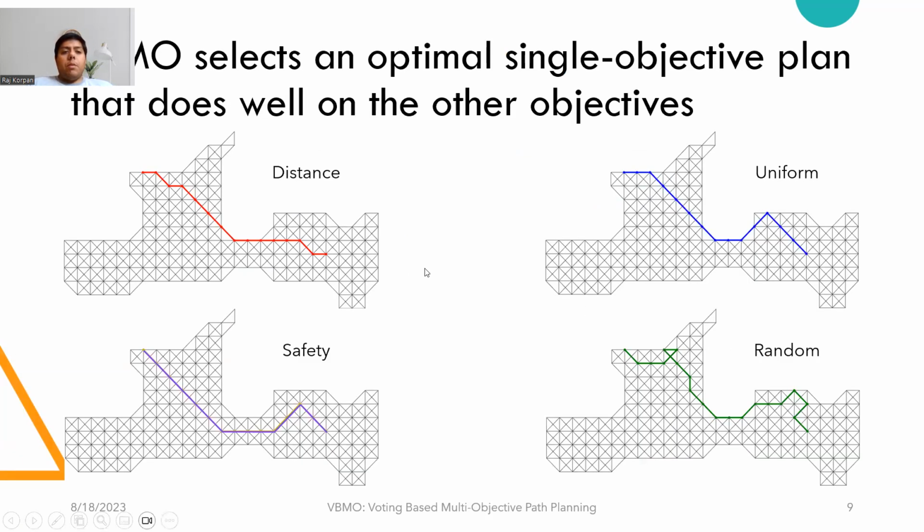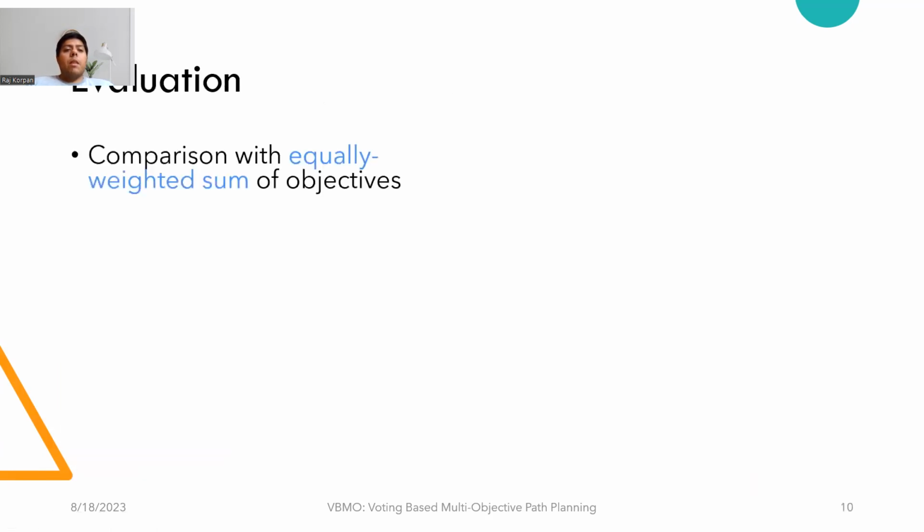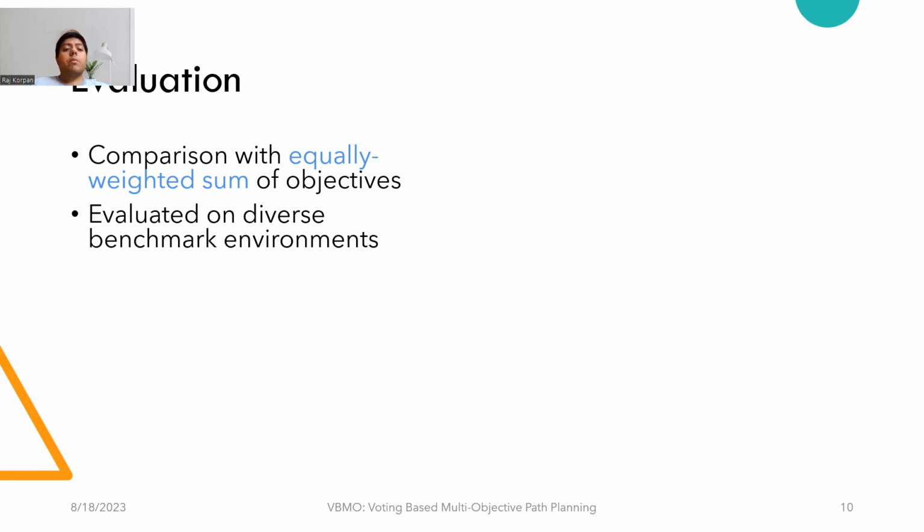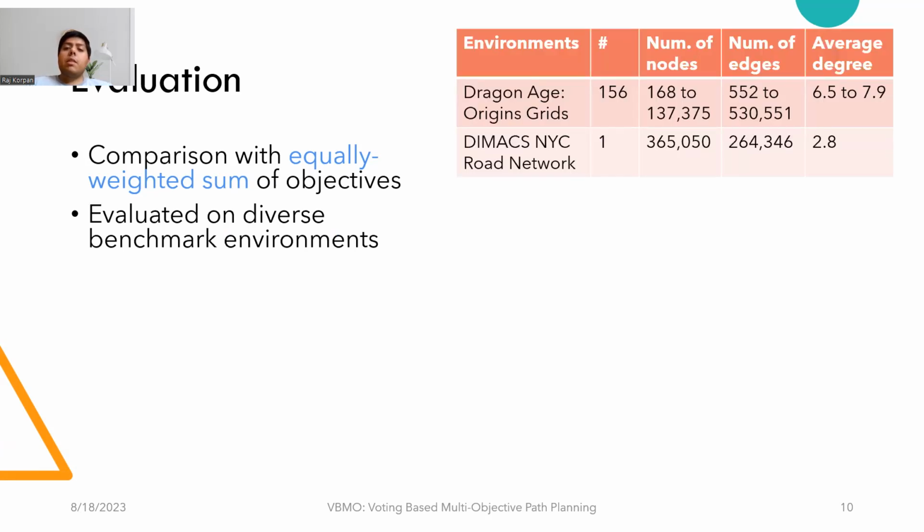So here's an example from that same environment I showed you earlier. Here we have, again, distance, uniform, and safety, along with random. And VBMO will select safety here as the plan that does best on safety, but does pretty well on the other objectives. This was evaluated in comparison with an equally weighted sum of the objectives, and then using a single objective approach on a set of diverse benchmark environments, 156 environments from Dragon Age Origins.